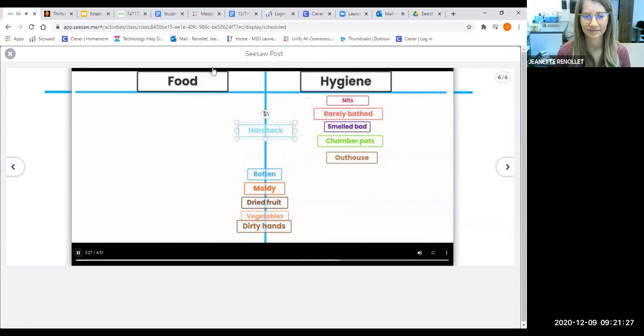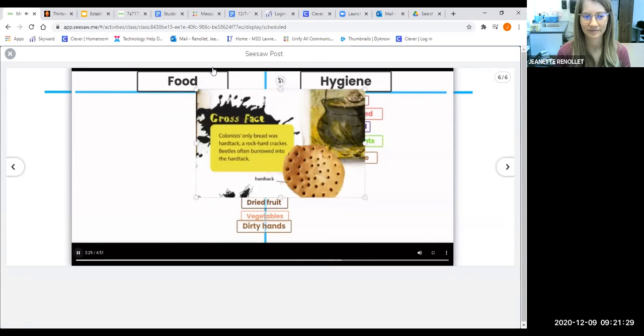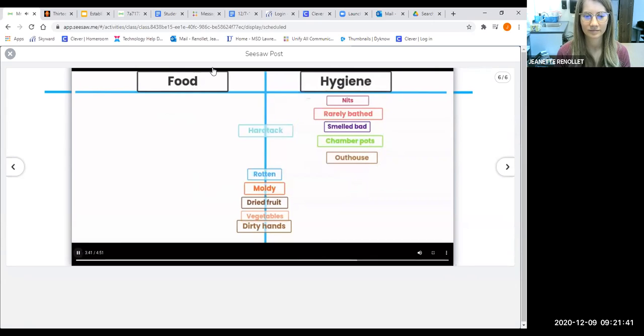Hardtack. What is hardtack? Well, if we look on page 10, it says, Colonists' only bread was hardtack, a rock-hard cracker. There's also a picture of it right here. So hardtack must mean food. Rotten, in the context of the story, it talked about rotten food.